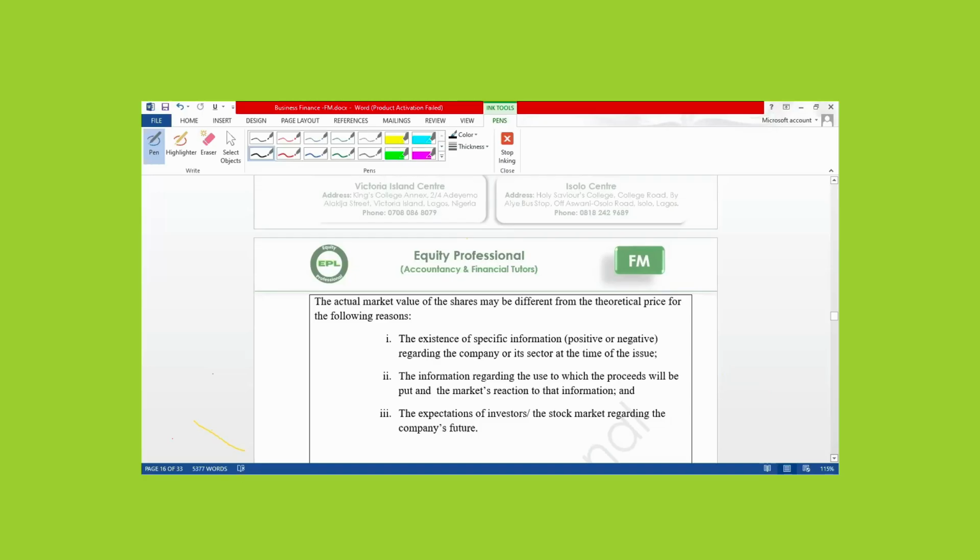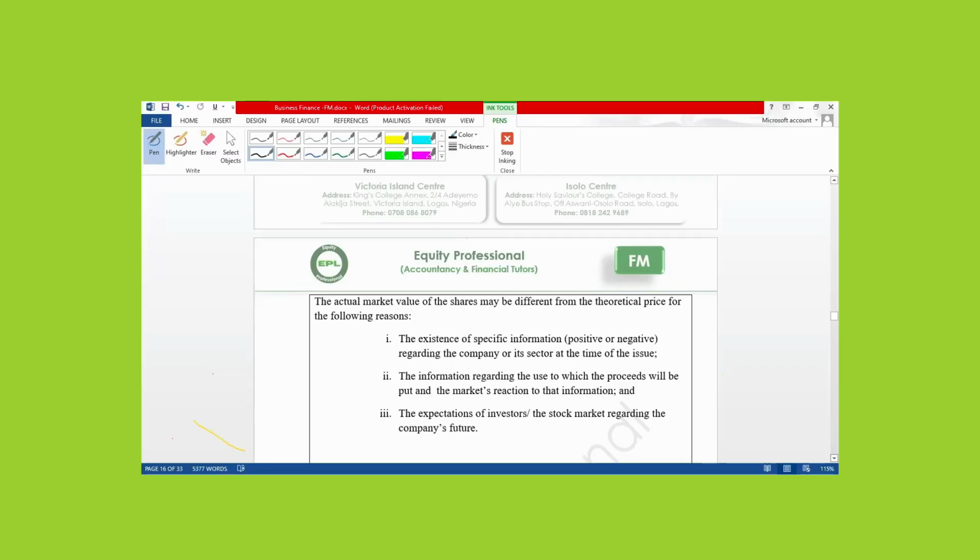Number 3, expectations of the investors and the stock market regarding the company's future. Please don't forget, investment is about what will happen in the future.